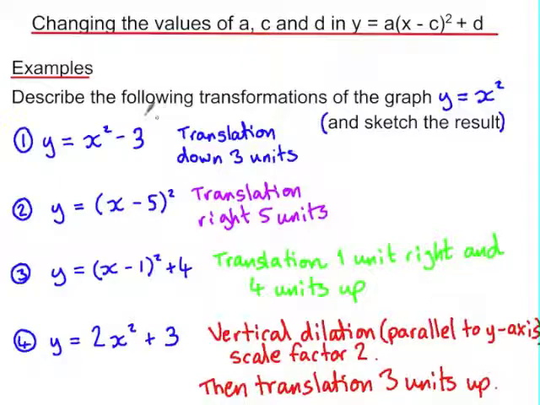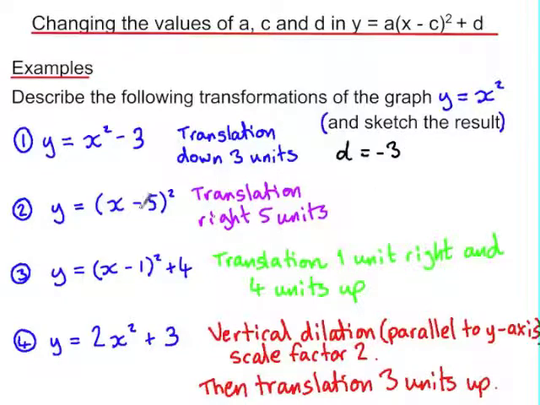Now I want to bring us back to the general form of the equation, y equals a(x take c) squared plus d, and identify the values of a, c and d in each of these examples. So in the first example, a is 1, c is 0 and d is negative 3.